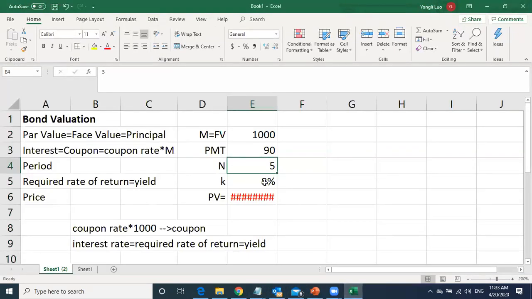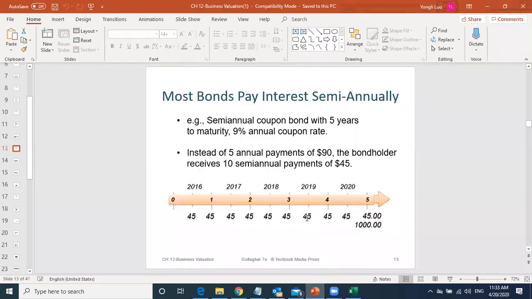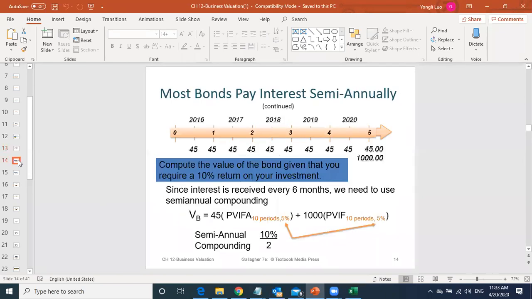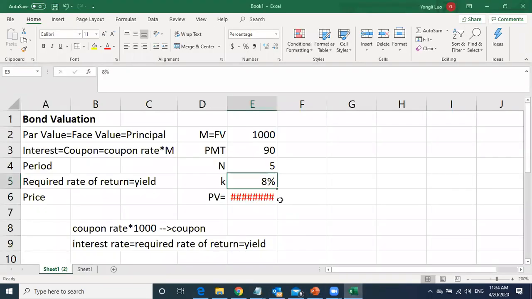And what is the required rate of return? Compute the value of the bond given that you require 10% return. The required rate of return is 10%.